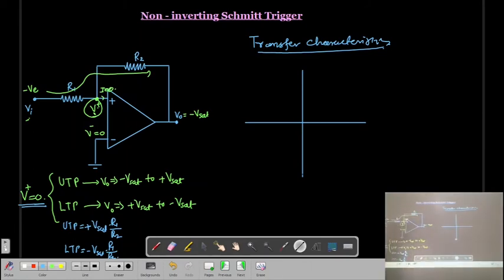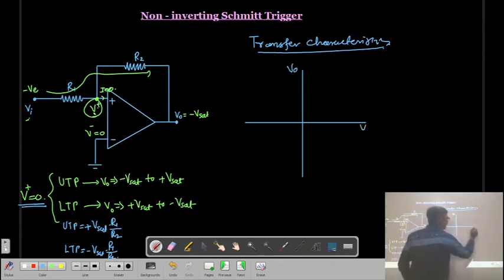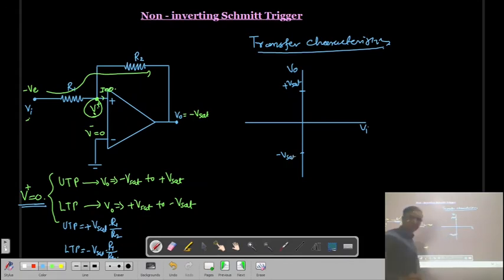Transfer characteristics means we have to plot a graph of the output voltage against the input voltage. Now the output can be a plus V saturation or a minus V saturation, and the triggering is going to occur at LTP and UTP.